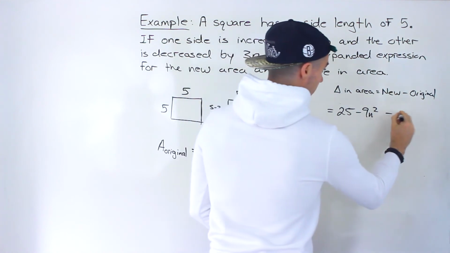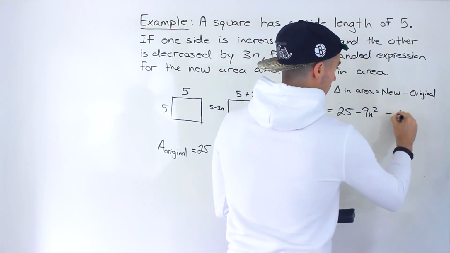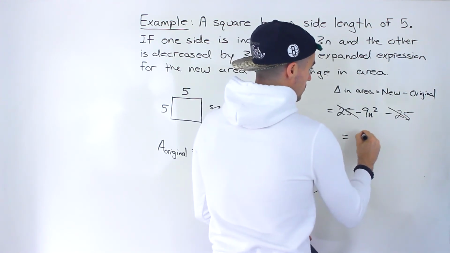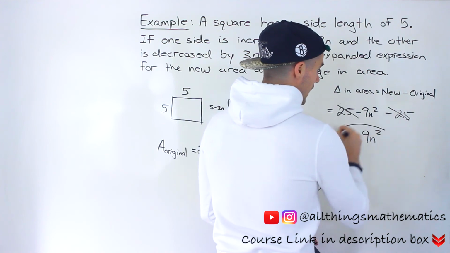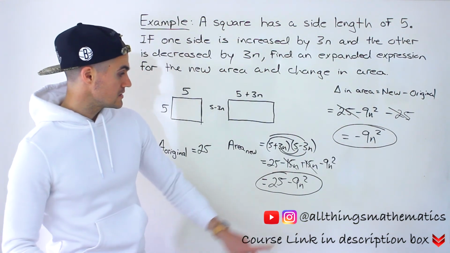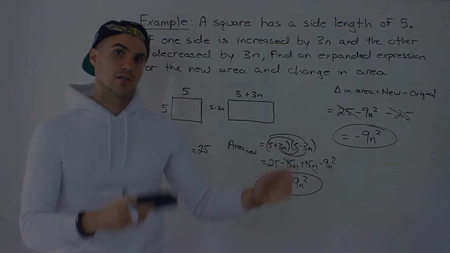So we're going to be subtracting 25 from there. And then notice the 25s would cancel out. So what we would end up getting is negative 9n squared for the change in area. Right? So that's the expanded expression for the new area. That's the expanded expression for the change in area.